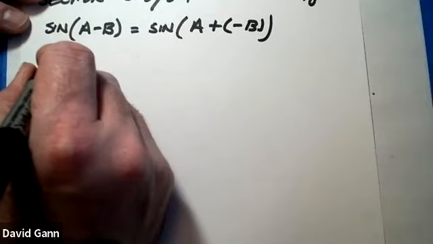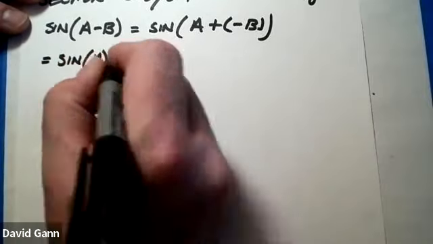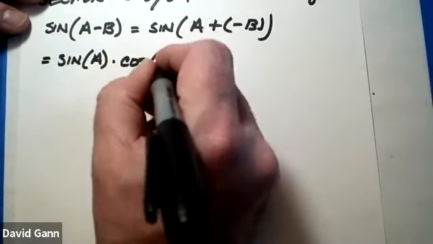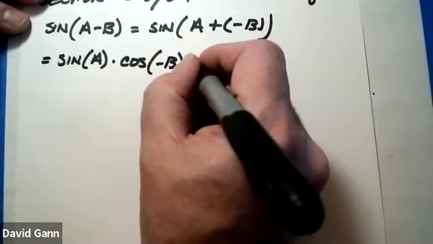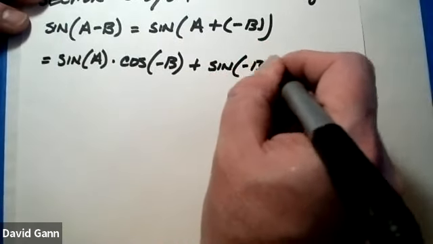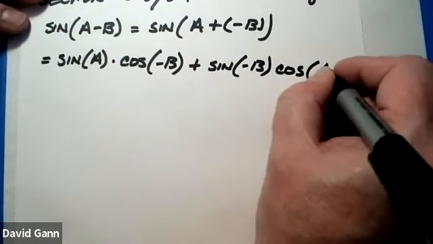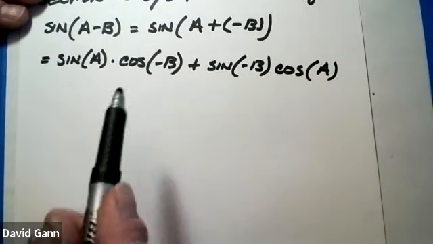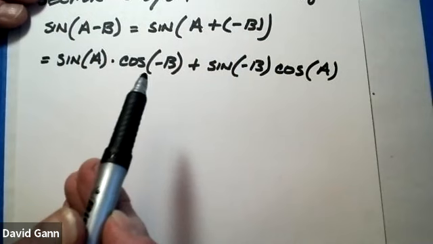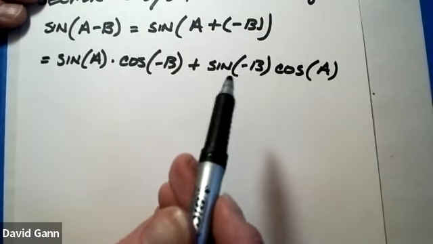So first, this is sine of the first angle, A, times cosine of the second angle, negative B, plus sine of the second angle, negative B, times cosine of the first angle, A. Symmetry tells you that this is just cosine of b and that this is negative sine of b.